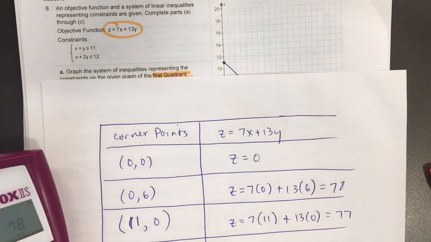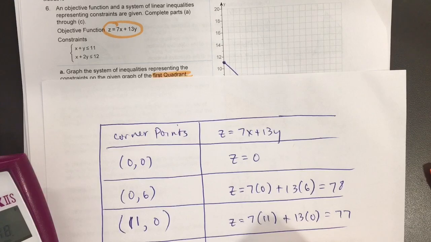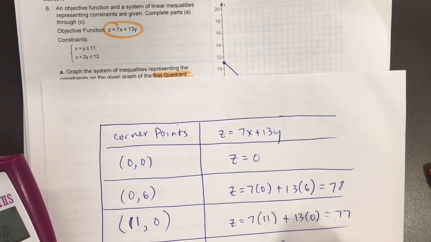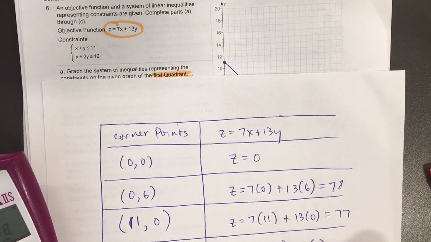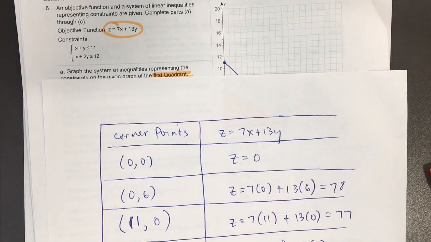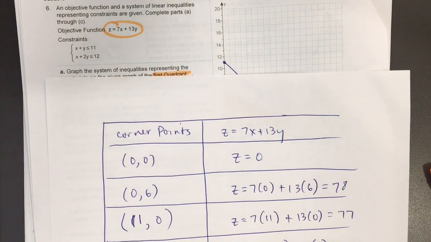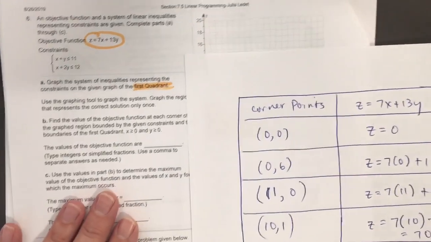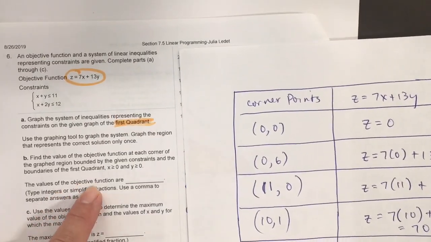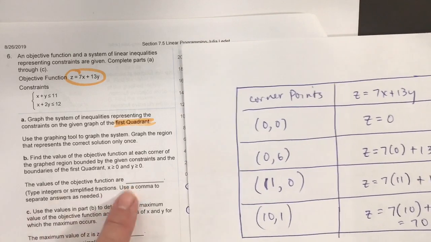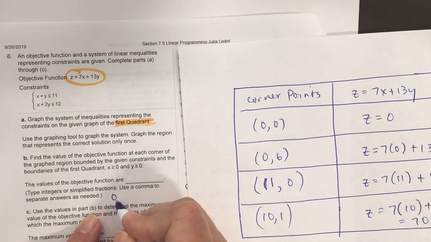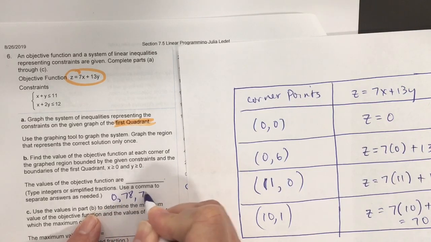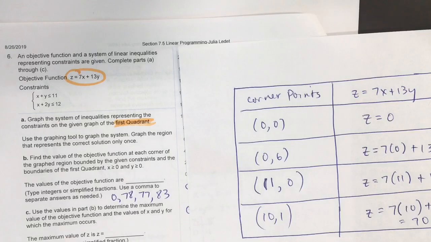That will be 77. And finally, the last one, 7 times 10 plus 13 times 1. That is 70 plus 13. That should be 83. On my problem, the values of the objective function are, and they did not say type them in any certain order, so I'll do 0, 78, 77, 83.